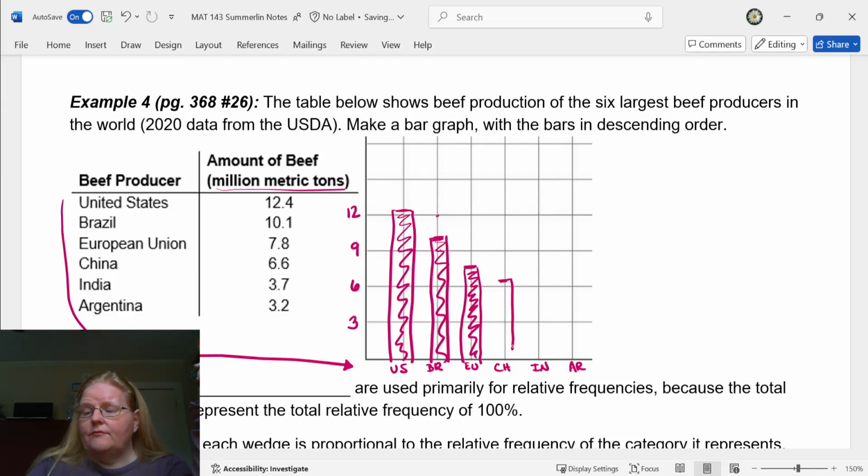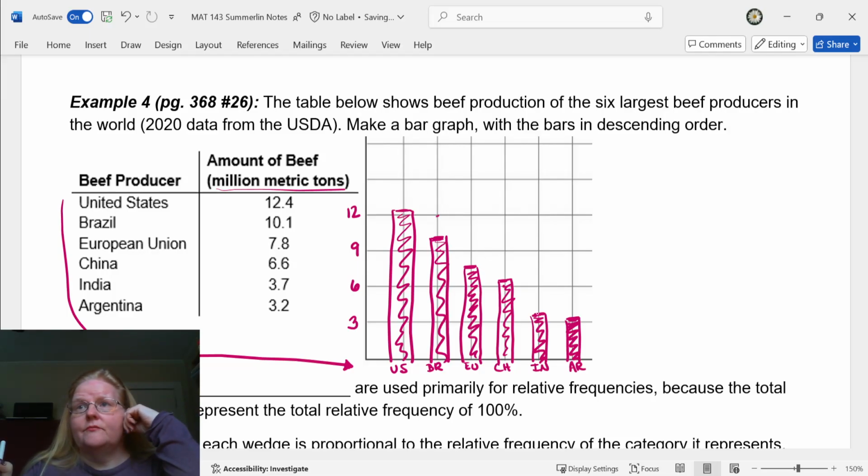Not up to 7. India, 3.7. Not quite 4. Argentina, 3.2. Over 3, but not up to 3.5. Definitely not up to 3.7.